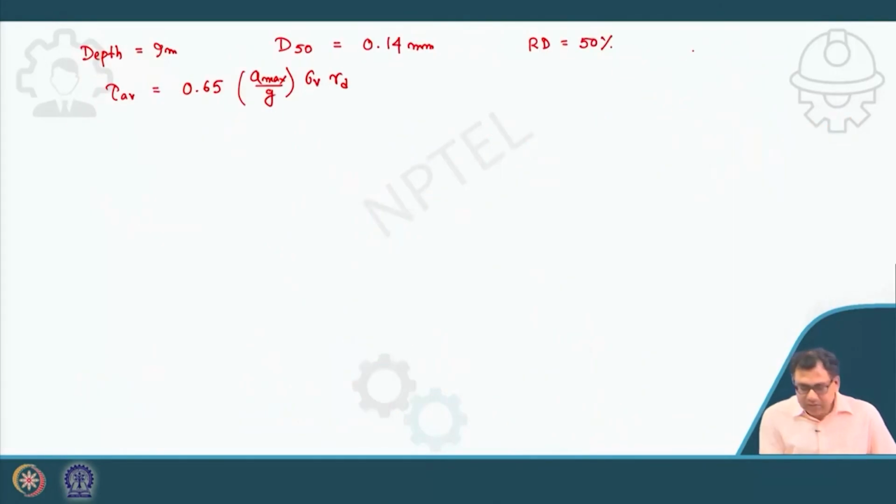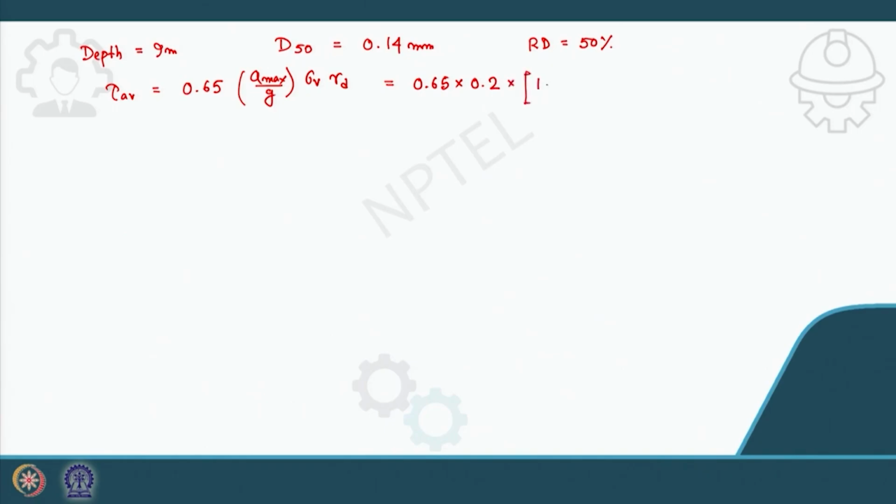So RD is 0.89. So it is 0.65 into 0.2 A max by G. Then sigma V will be 18 into 2 plus 20 into 7, into 0.89 for 9 meter.